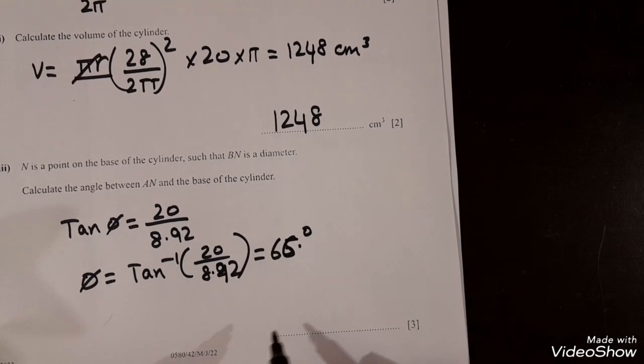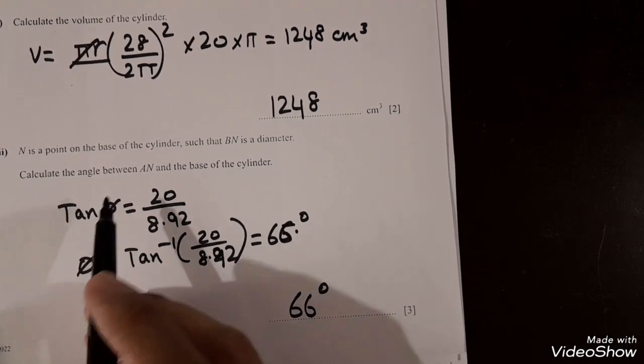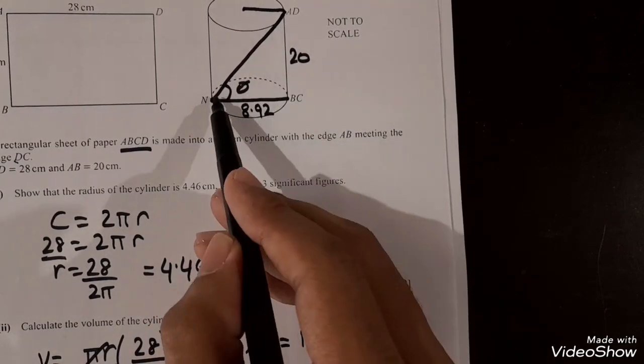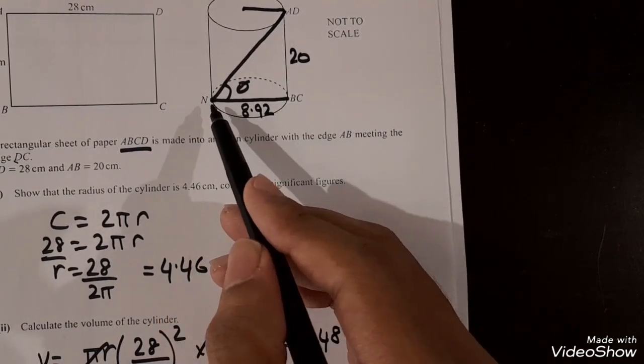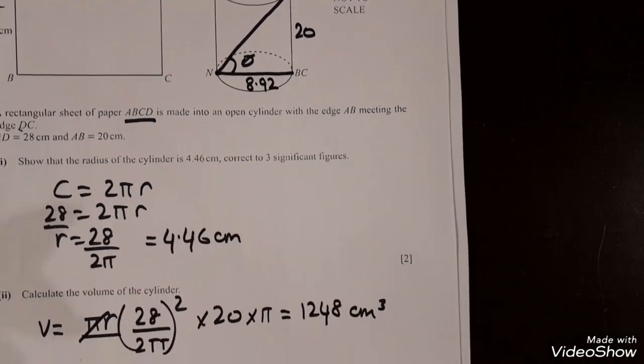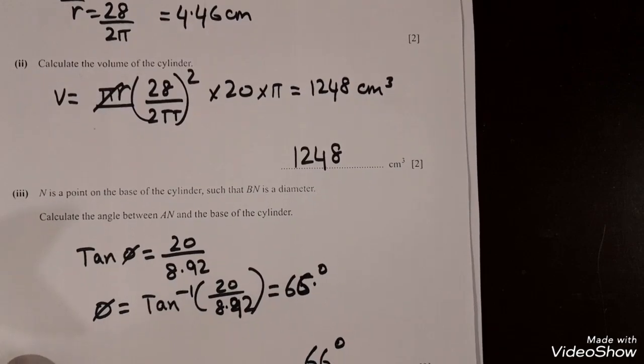We have to round it off, so we will write 66 degrees. So this is how we will calculate the angle between AN and the base of the cylinder, which is MB or NC.